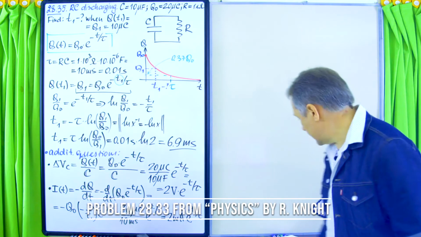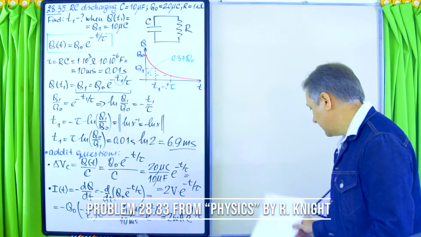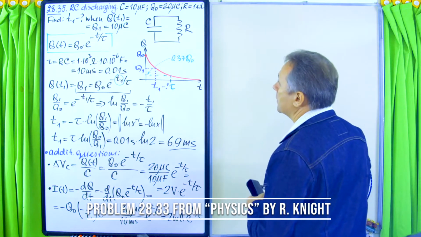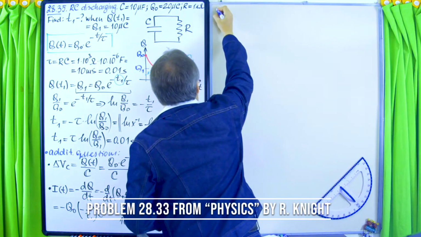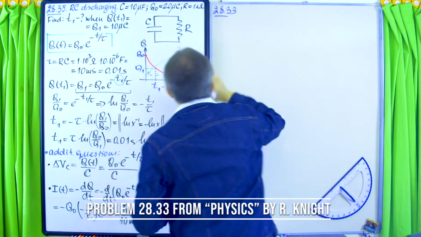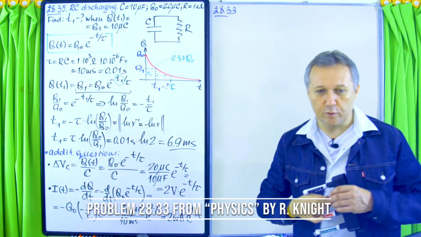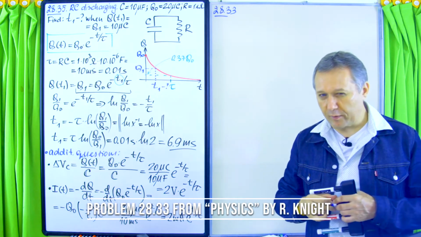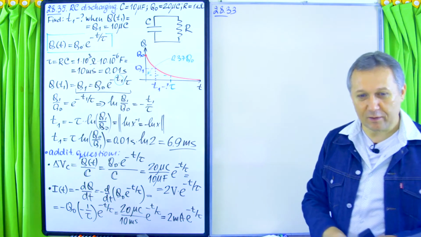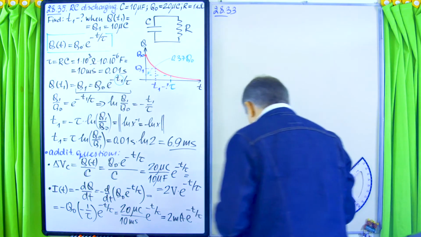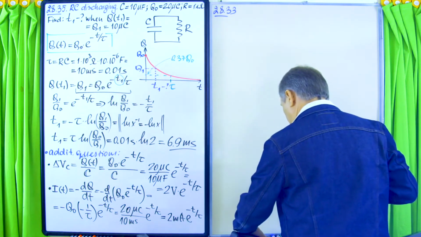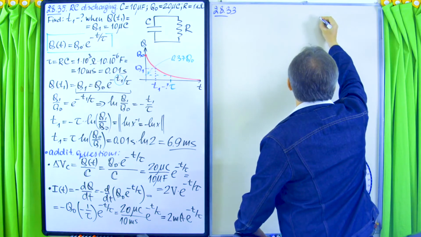The next one is easier, right? So it's the same chapter 28, but now problem 33. Usually I discuss also one conceptual question in class, but this time I decided to skip. I will discuss it in the problem only. So we have this circuit. Okay, let me draw it here.